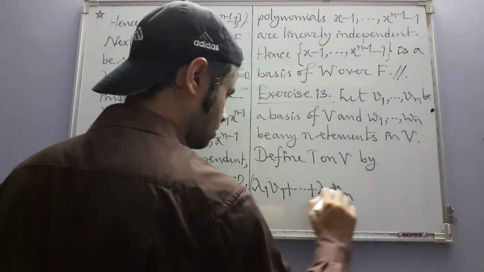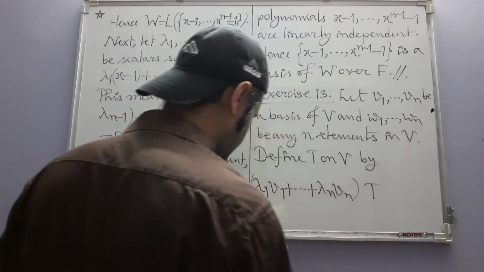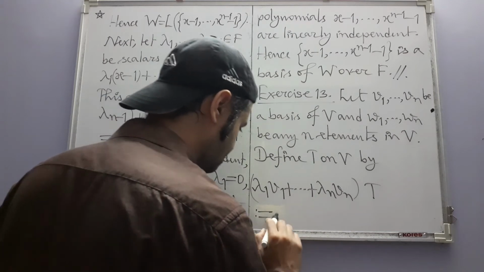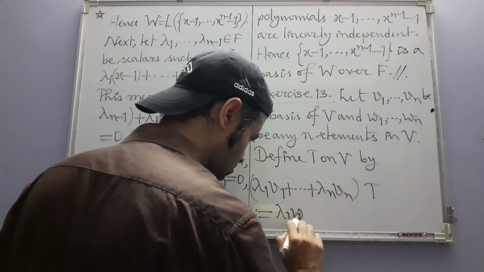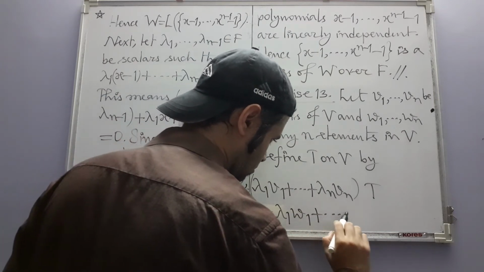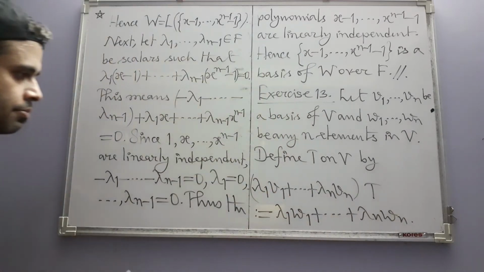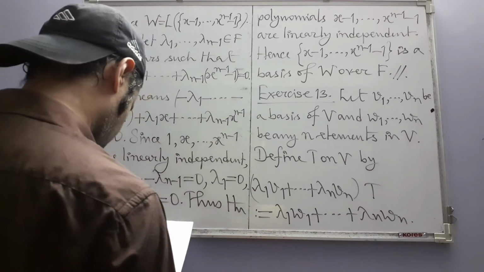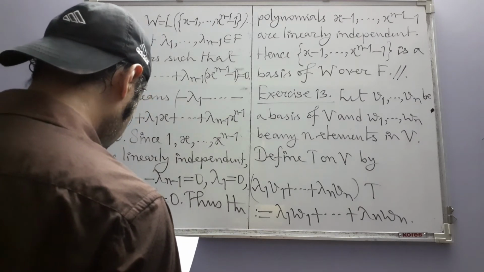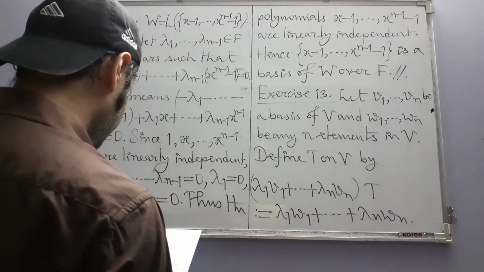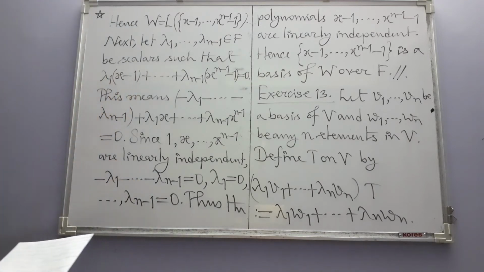There is in fact no need to write it in one line. Show that T is a homomorphism of V into itself.